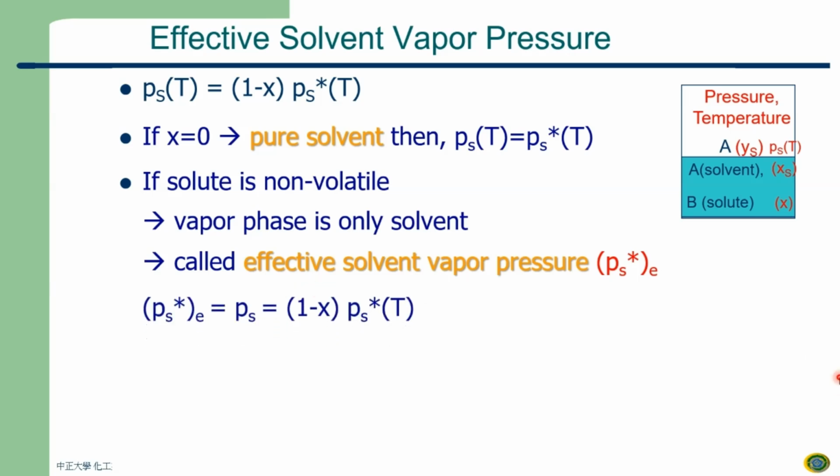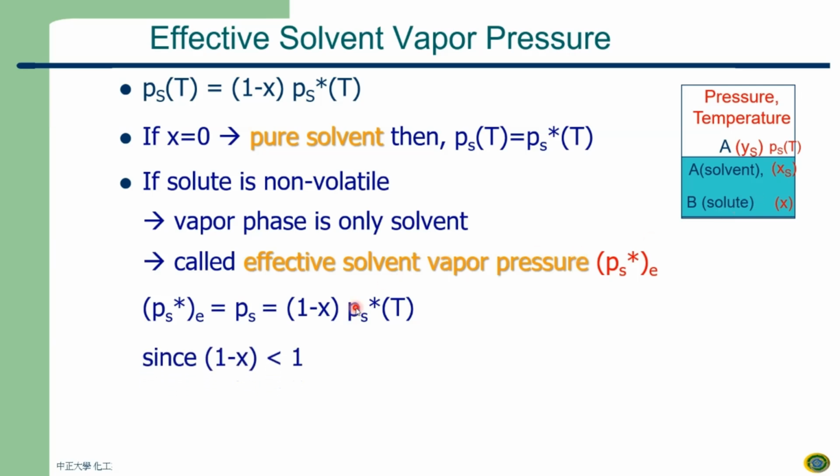So PS star sub E equals this. See that? We just changed this equation and we use E here. This is easier for you to understand. E is called effective, and we are talking about only two species, and also the solute doesn't vaporize.